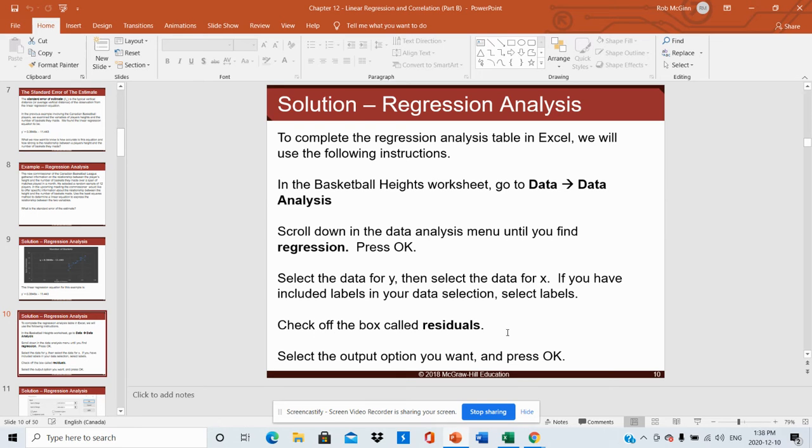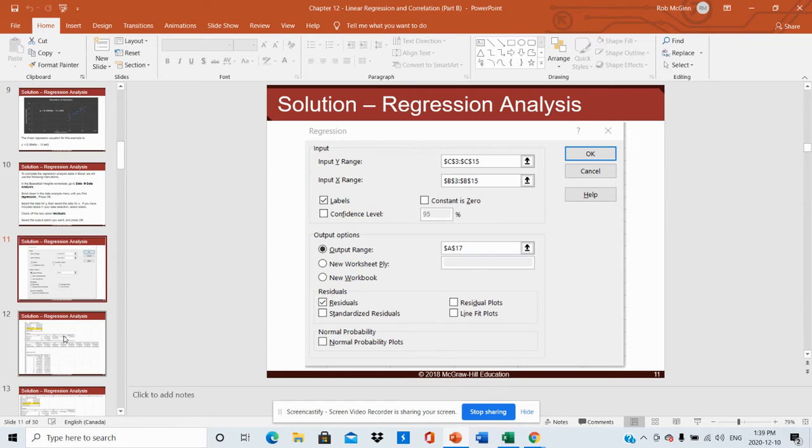Checking off the box called residuals, as I said, is always a good idea, although we won't go into it in this class. And then select the output option you want, press OK. So this is what our input should look like right before we hit OK. Then we hit OK.